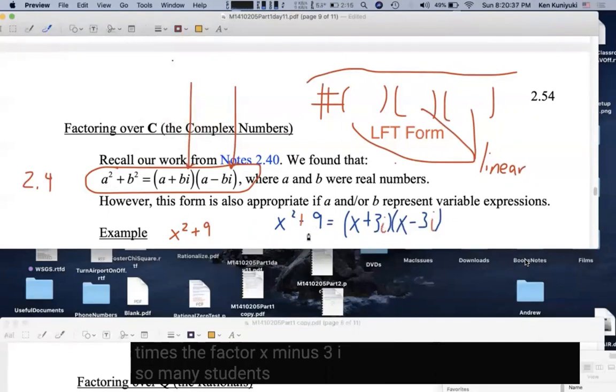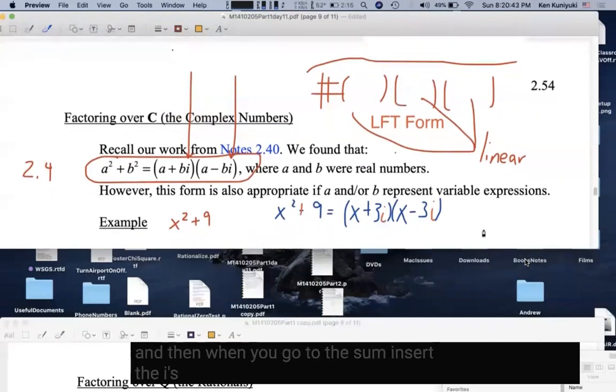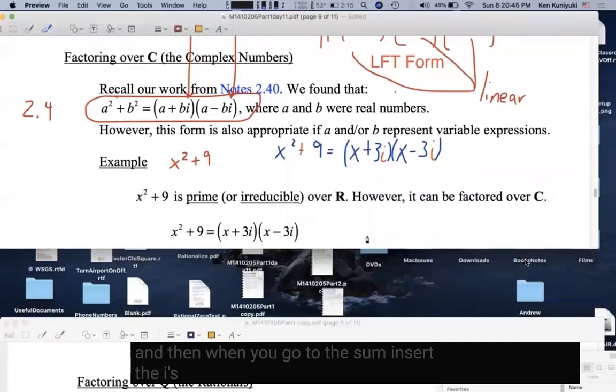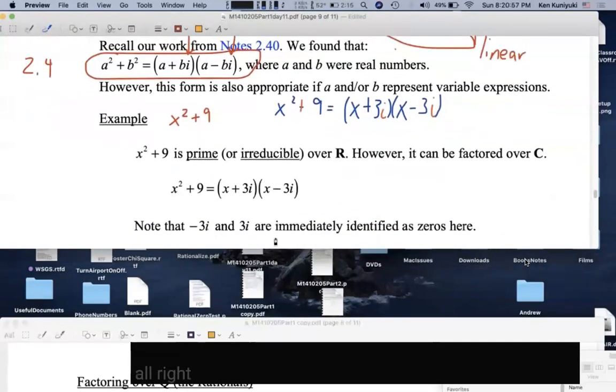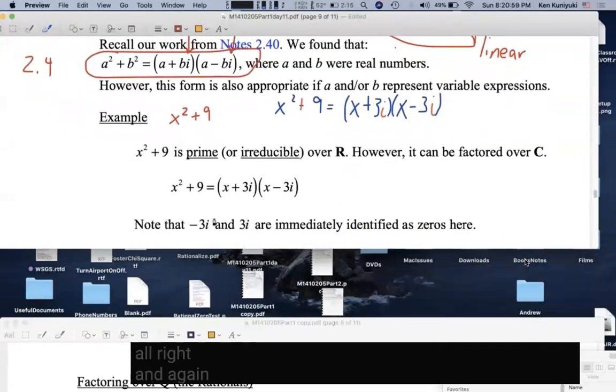So many students might want to start with considering the difference, and then when you go to the sum, insert the i's. x squared plus 9 equals the factor x plus 3i times the factor x minus 3i. All right. And again, we can identify negative 3i and positive 3i as zeros, complex zeros.